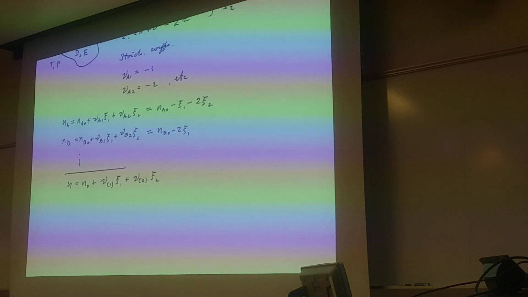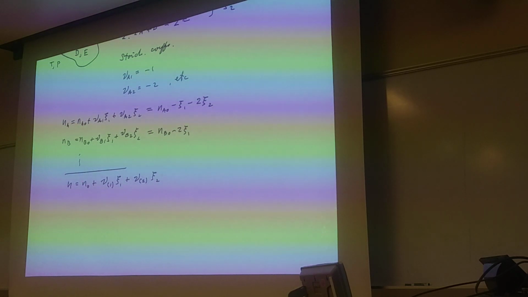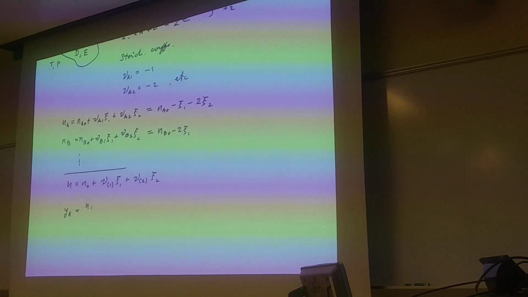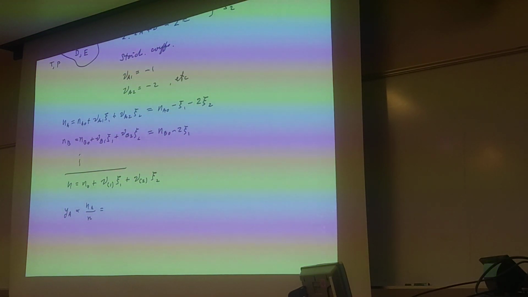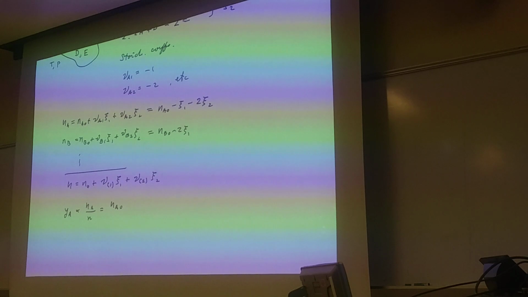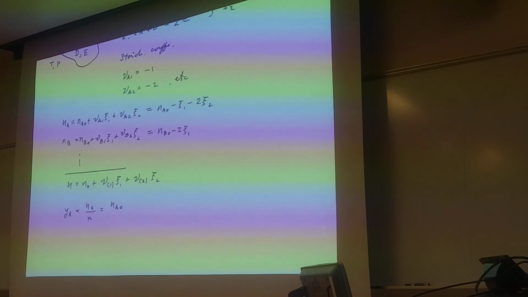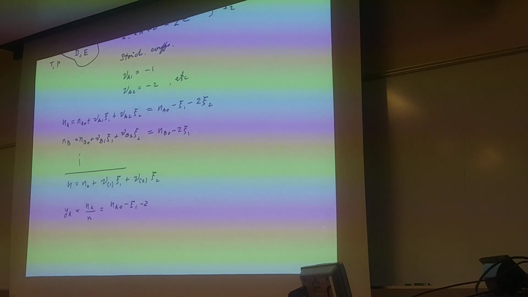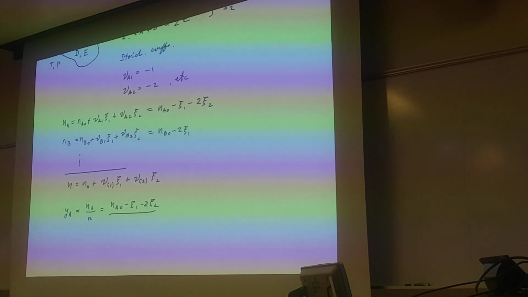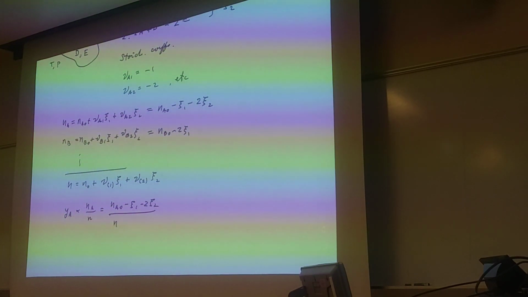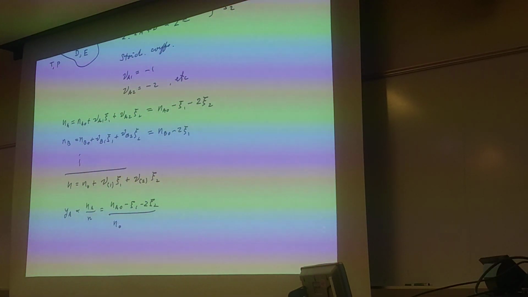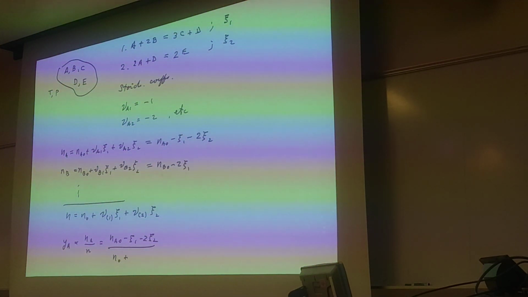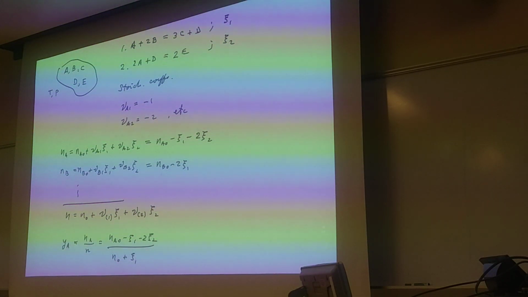And that means I can construct mole fractions out of a system like this. It's going to be N_A0, and if we look up here, that would be minus ξ1 minus 2ξ2, over my N0 plus the stoichiometric number for the first reaction, which we figured out is plus 1, times ξ1.